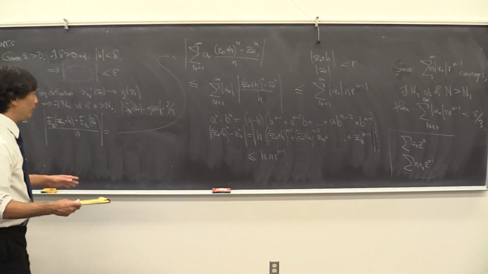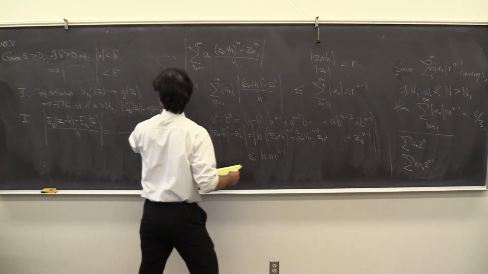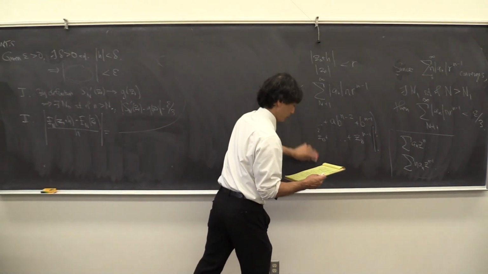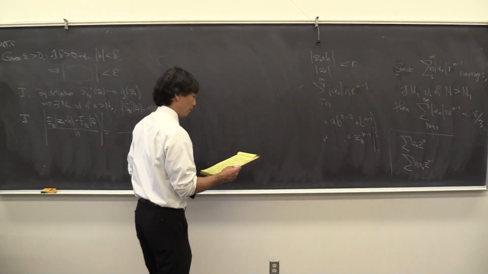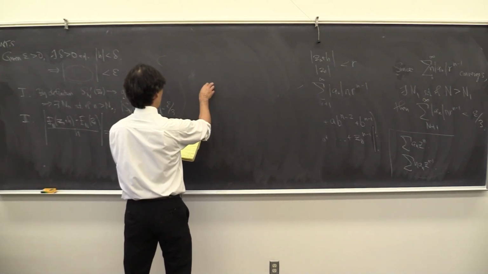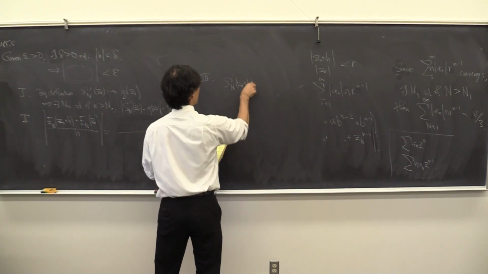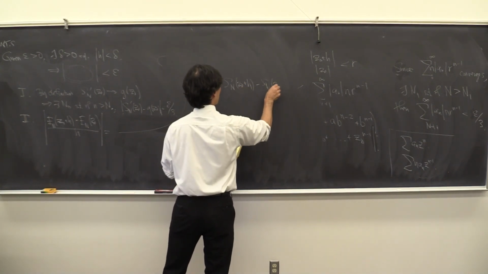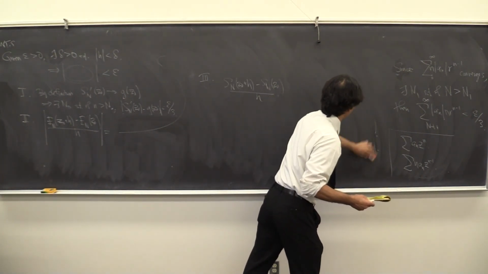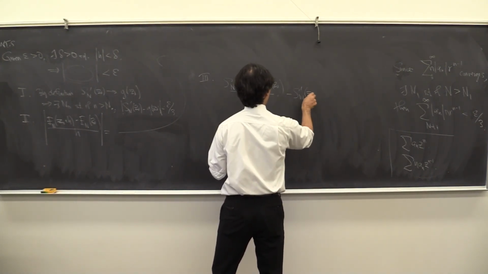Okay, so now there's only one term left. Remember what our last term was. So the last thing was, remember what 3 looked like. 3 was S sub n of z naught plus h minus S sub n of z naught, over h, minus S sub n prime at z naught.